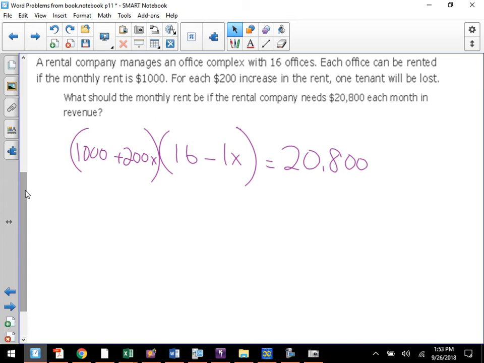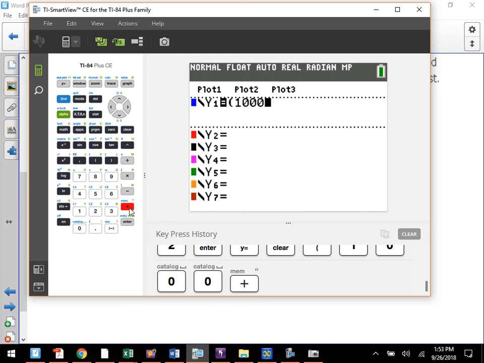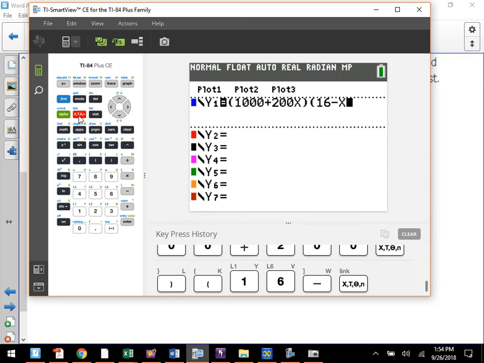So if I put this in my calculator just as it's written, parentheses 1,000 plus 200x, close, open, 16 minus x.